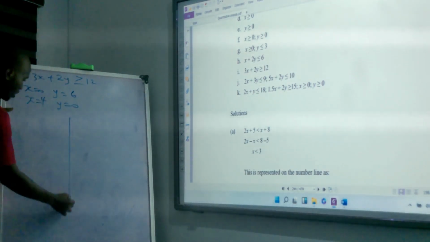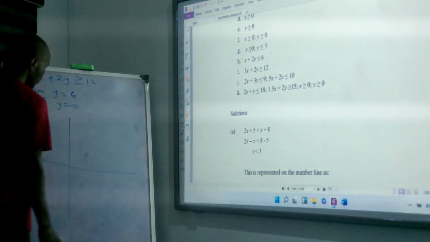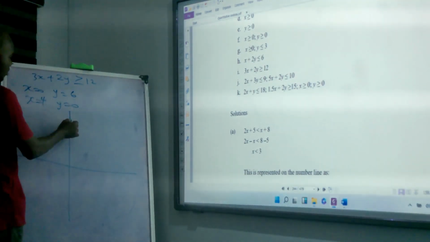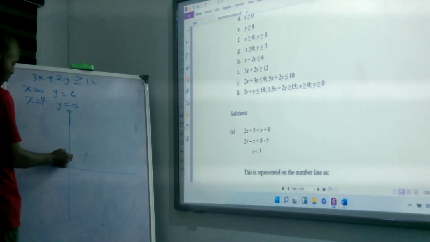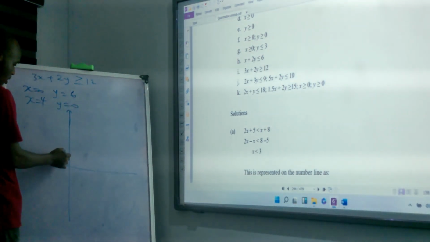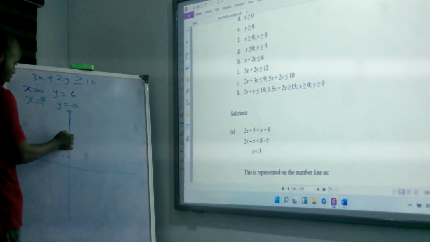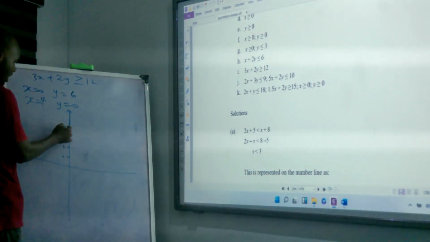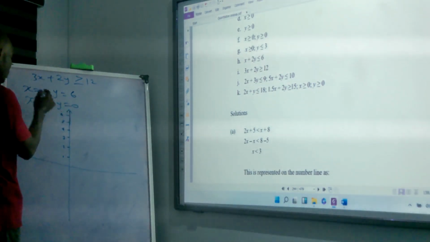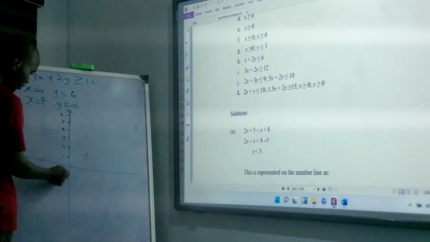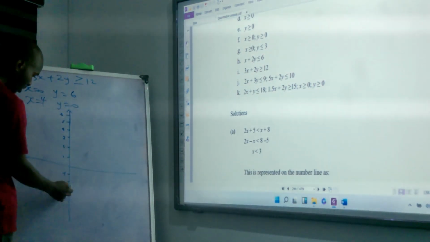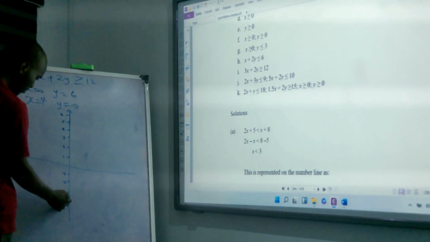So drawing that on the graph. y is 6, so I can say I have 1, 2, and so on up to 6. I'm not using any scale; I'm assuming that is 1 centimeter. So minus 1, minus 2, minus 3, minus 4.